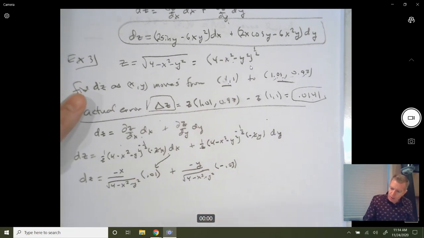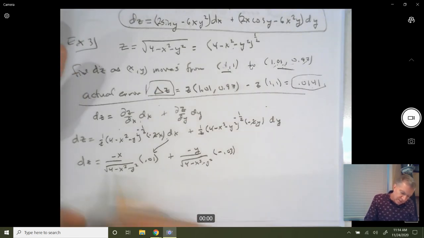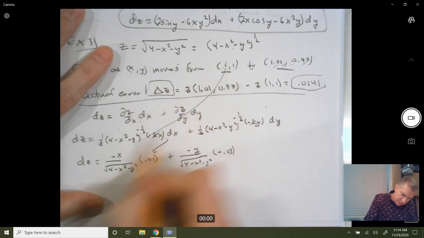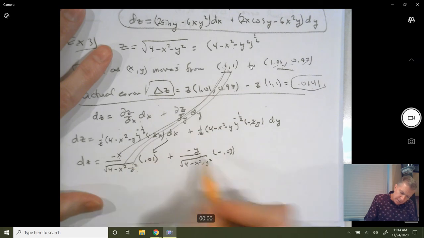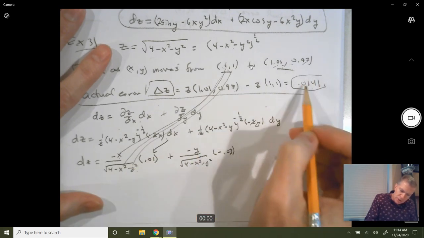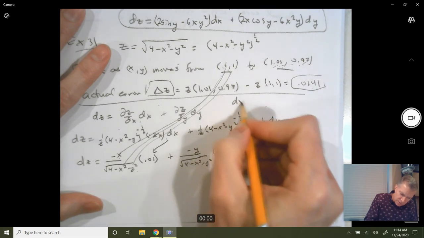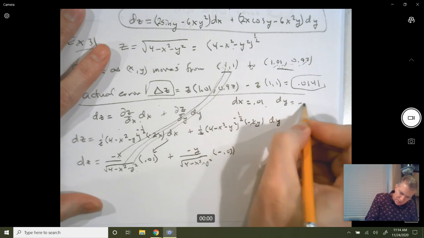Now we're going to plug our values into our function. Into the x and y's here in our function, we plug in these values. So that goes in there, that goes in there, this y goes in there, and same here. And for the changes, we say our dx was 0.01 and our dy is negative 0.03.